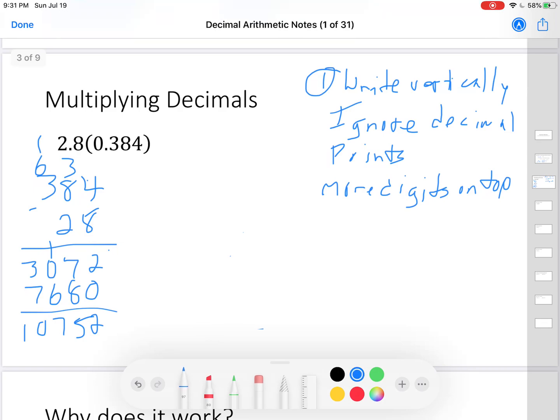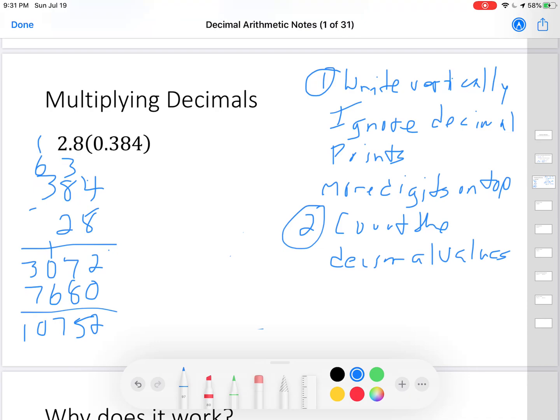Now we have to decide where the decimal point goes, so we'll do step 2. Count the decimal place values, add them, and place the decimal point.